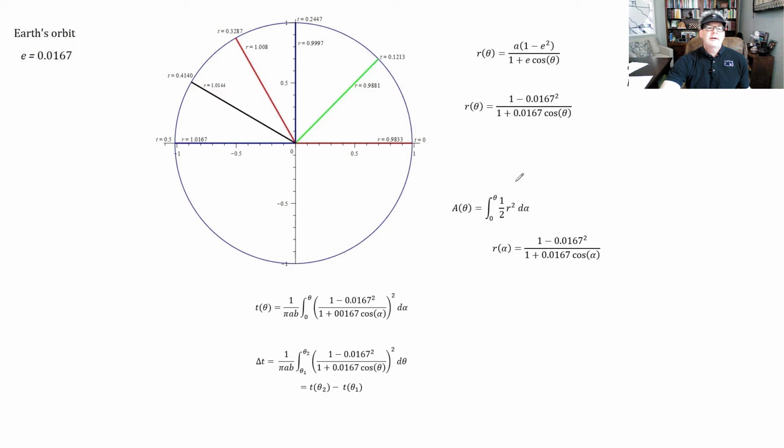So there's Earth. I normalized it, so the total area of an ellipse is pi AB. If I divide by pi AB, then I'll go once around at time t equals 1. So these t's are the fraction of the year, being the period to go once around. Of course, it takes 0.5 of a year to go half.